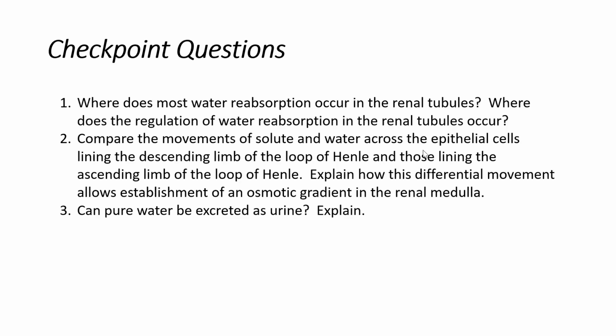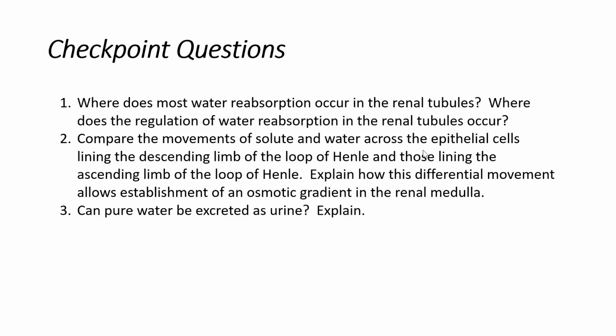All right. And the reason that that sets up a gradient is because we keep pushing more fluid down into that loop. So we pump solutes out, pump water out, we push more fluid down. Pump solutes out, pump water out, we push more fluid down. And continuing to do that, we eventually get to the steady state where the very deepest part of the medulla has the highest osmolarity, whereas the very top, where we're closest to the cortex, has the lowest osmolarity.